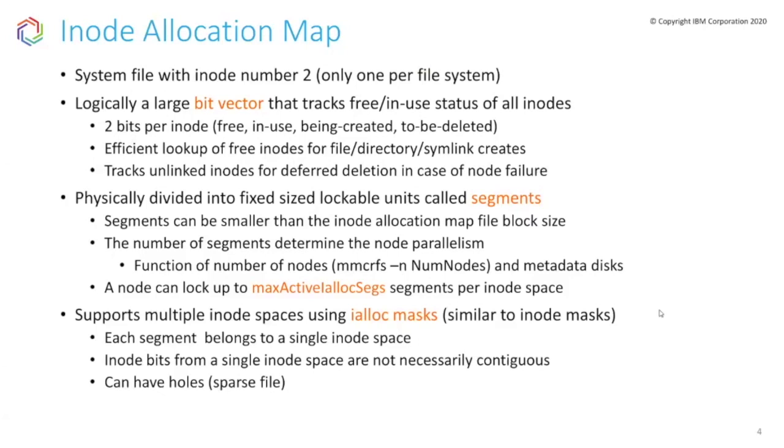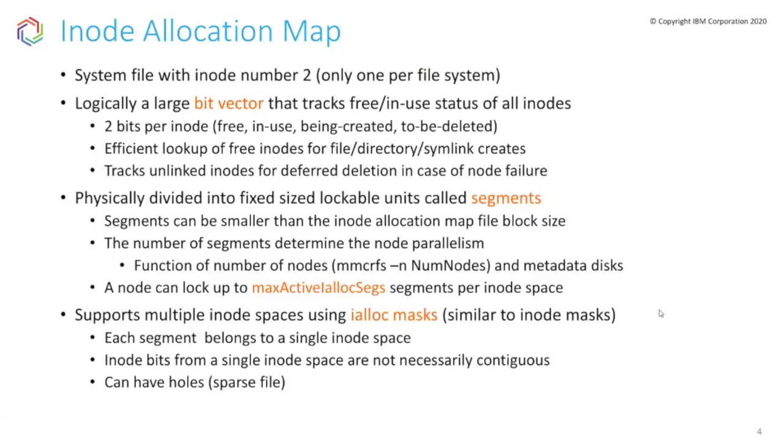So just like the inode file, the Inode Allocation Map file also supports inode spaces. It has to, and it also uses the masks to identify the various inode bits in each inode space, just like the inode file. The same mechanism.